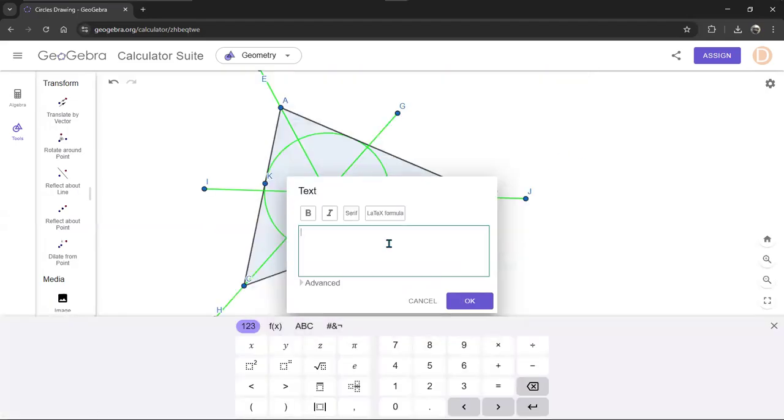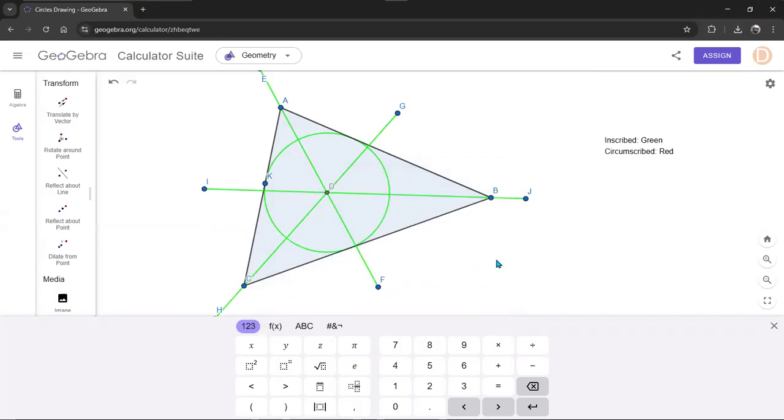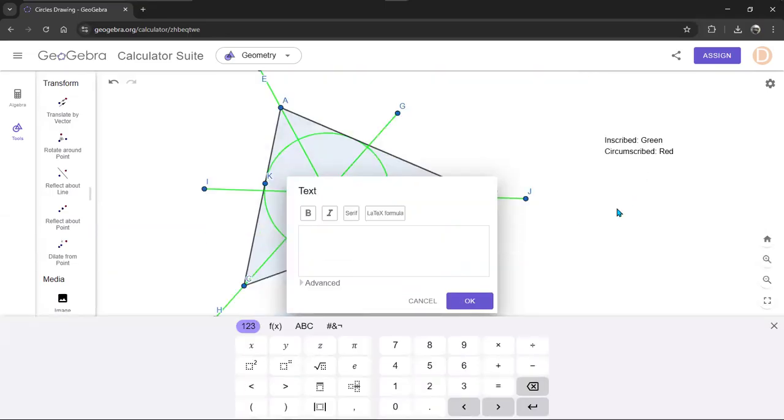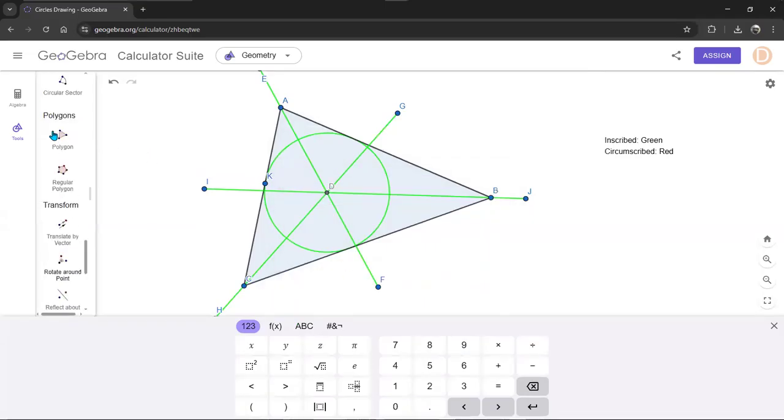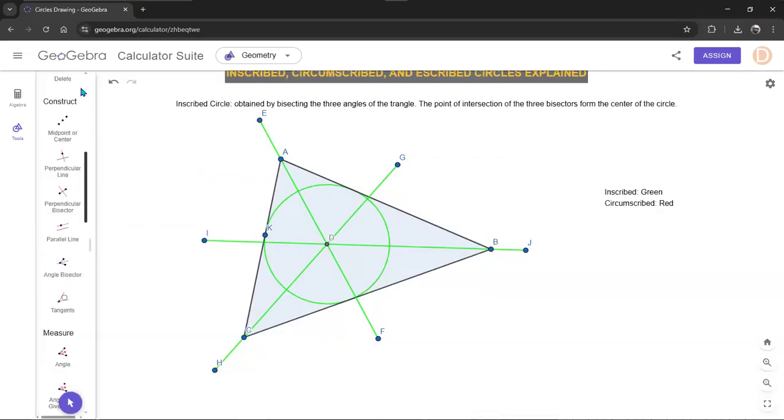So we can say inscribed, using the color green. And then we go next to circumscribed. We can use color red. So this is just the key. This is just for you for easier reference.